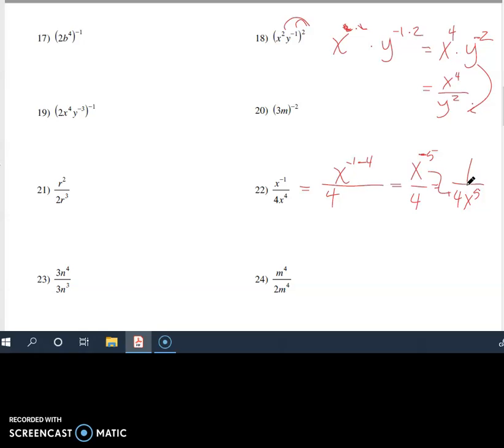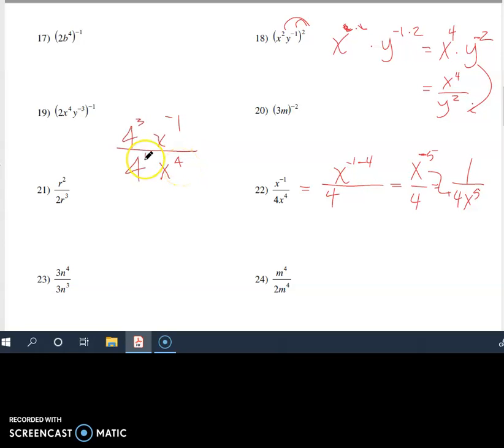If there had been a 4 in the numerator, then we would have subtracted the exponent from the 4's also. For example, let's say I had 4 cubed, x to the -1 over 4 times x to the 4th.